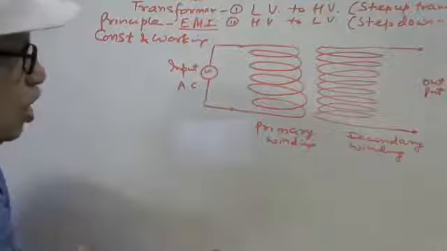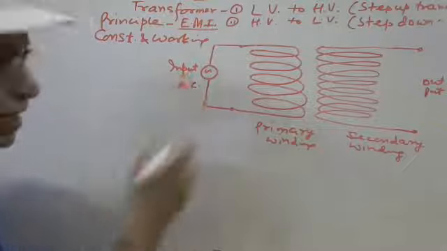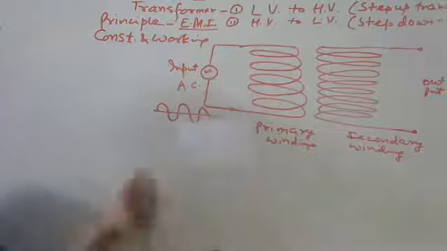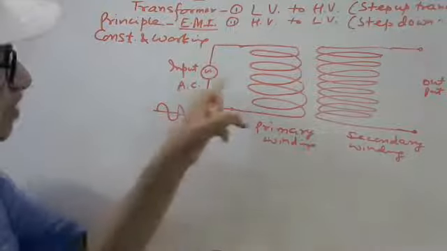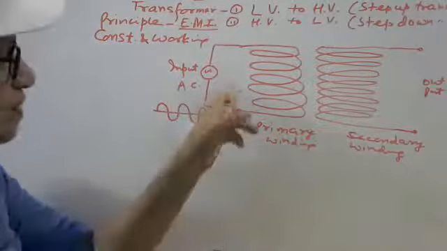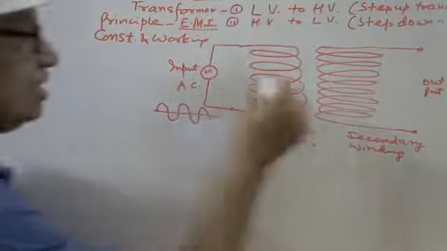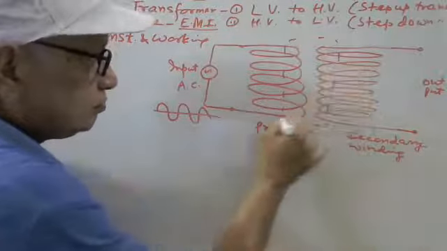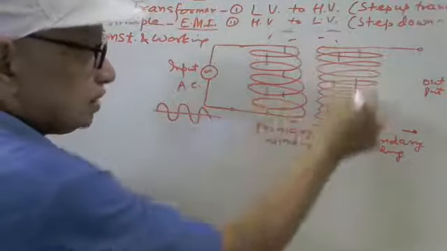Now, if this is AC like this, what will happen? It changes the polarity. Definitely there is a change in the flux linkage to the primary, and lines of force are linking like this to the secondary also.